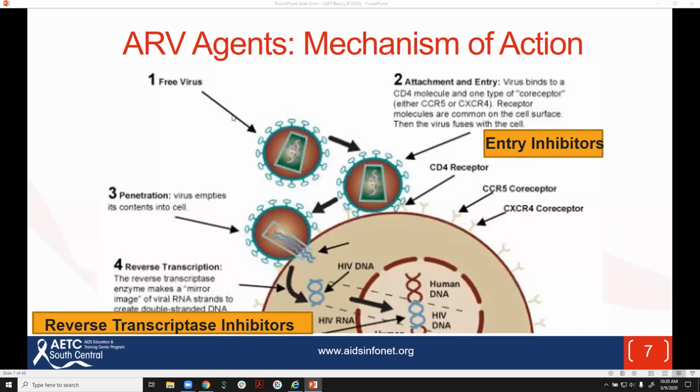So if we have a free virion, what has to happen for the HIV virus to infect an activated CD4 cell is that it needs to bind to receptors and then get in.